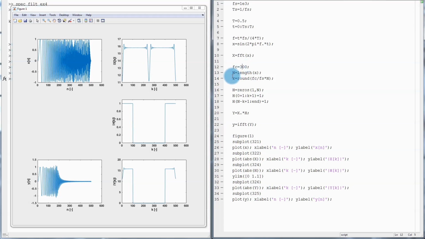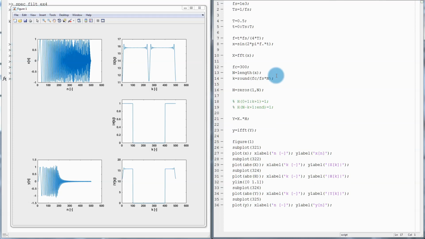Now, this is how I recompute those 300 Hertz to the index of the DFT transform. Now I will generate the vector of zeros. And now I will need to set ones between some k and n minus k.